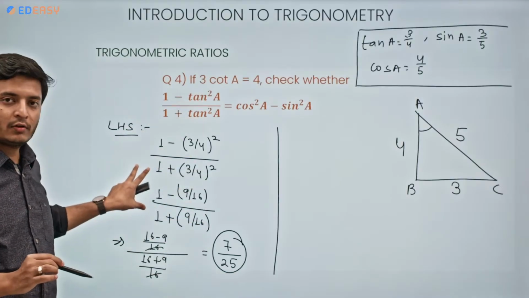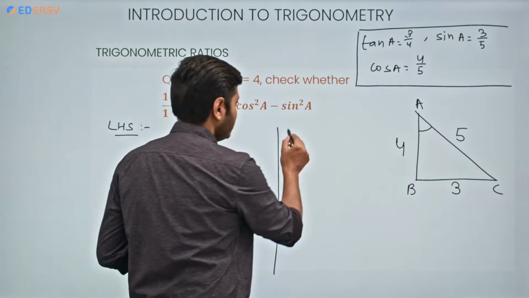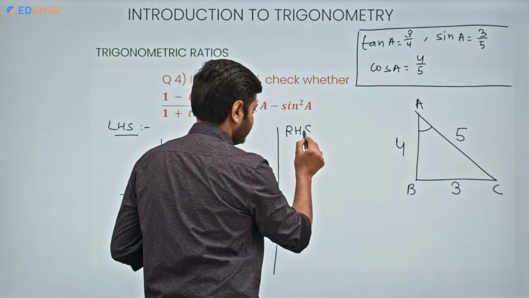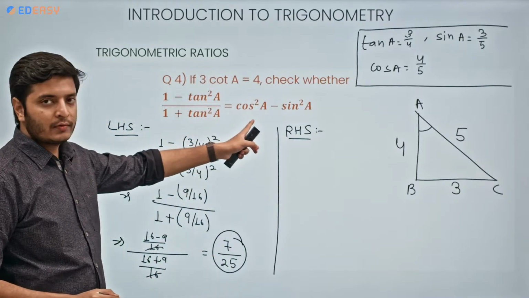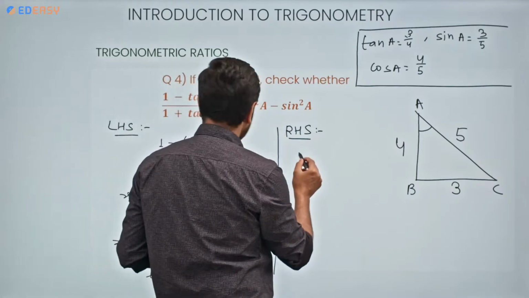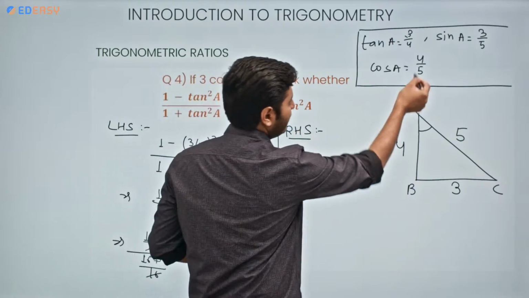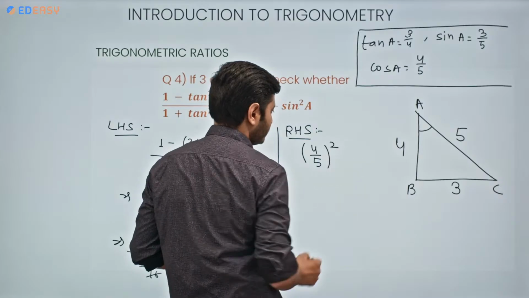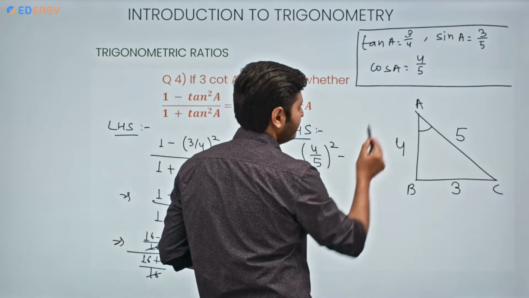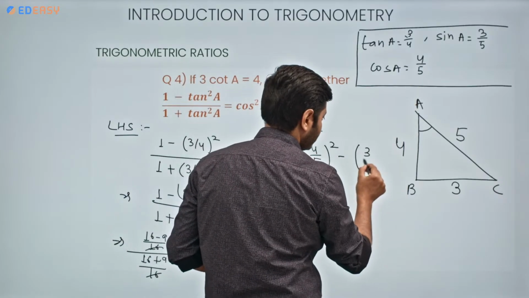First, we are going to solve for LHS. Now consider RHS. RHS is cos square A minus sin square A. So cos square A means 4 by 5 whole square minus sin square A means 3 by 5 whole square.